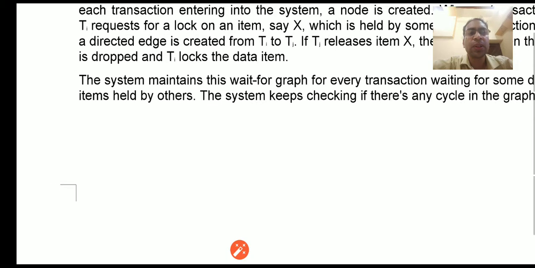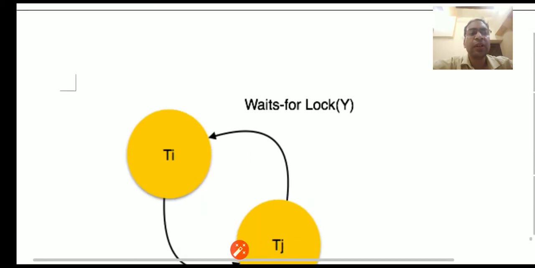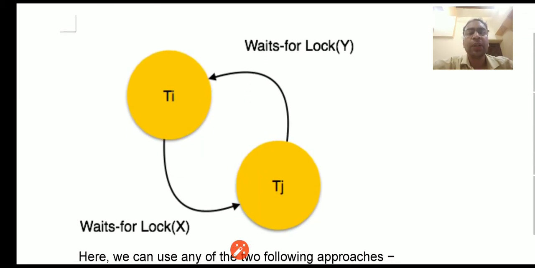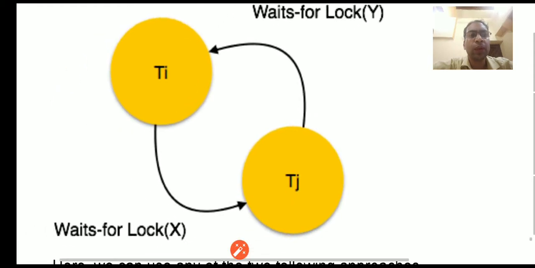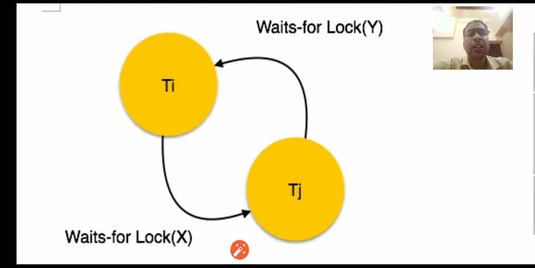So this is an example of a wait for graph, where we have two transactions, ti and tj. tj is waiting to acquire a lock on data item y, where ti is already holding a lock on y.